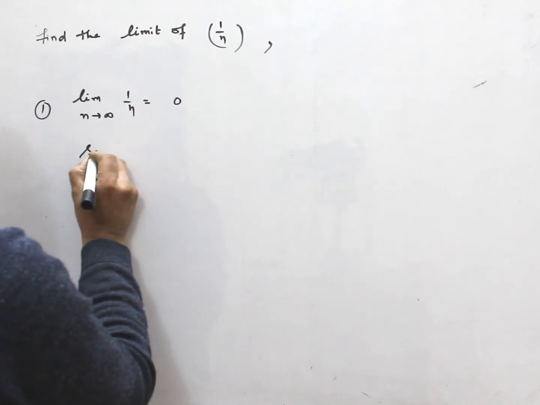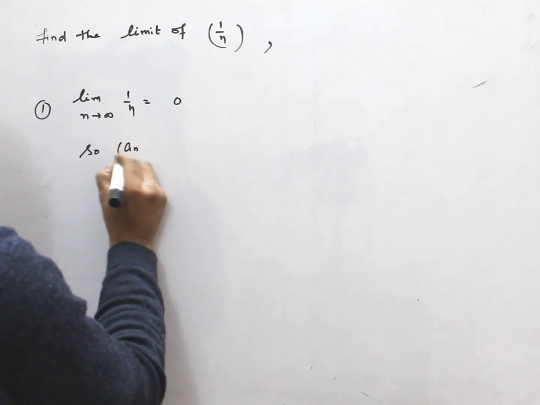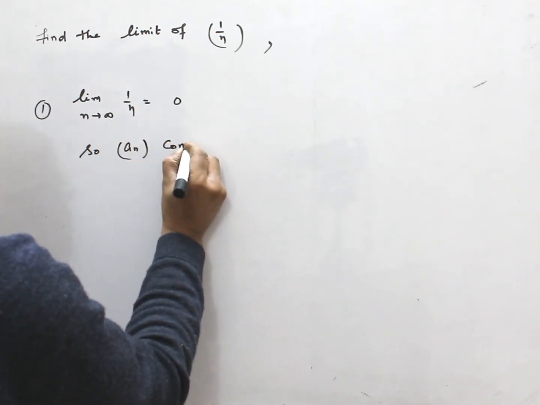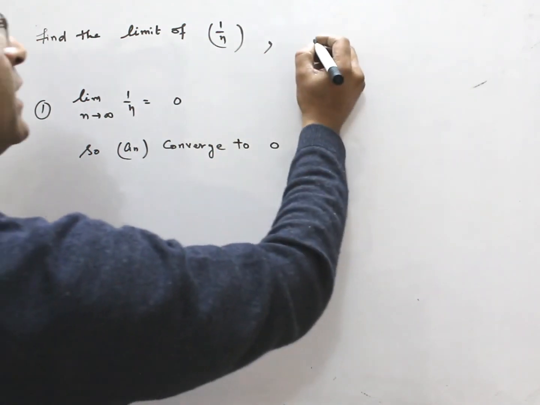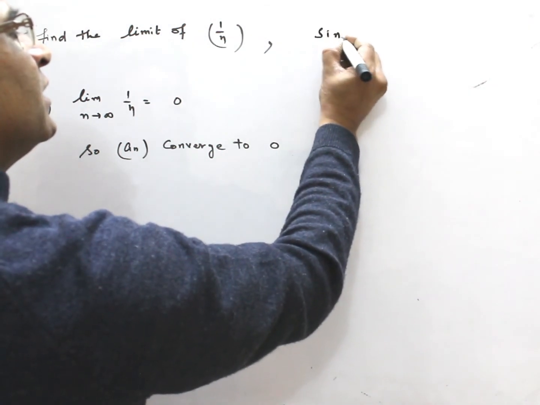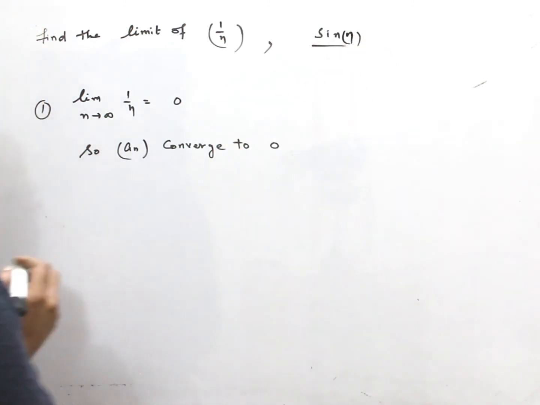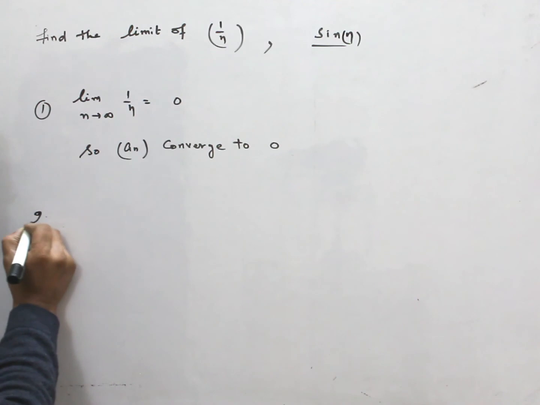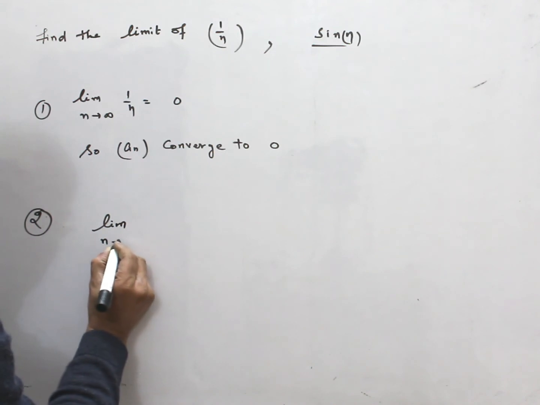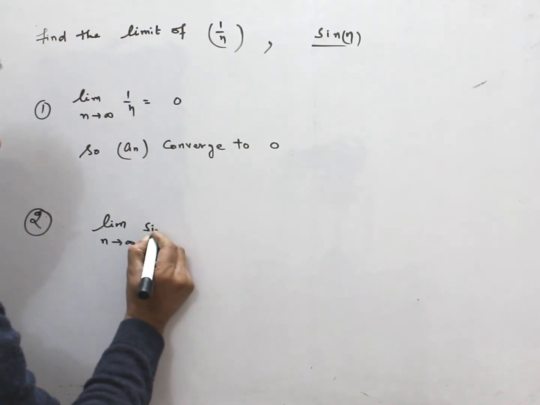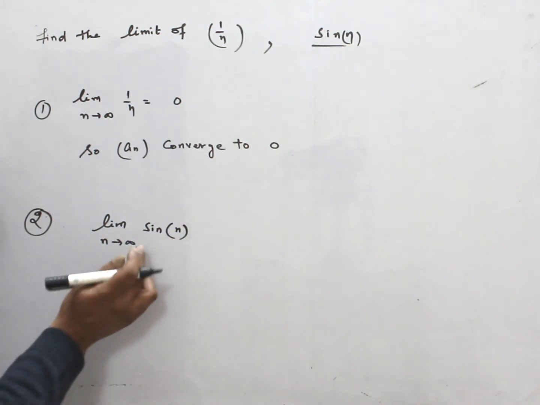So the sequence a_n converges to 0. Again, if I take sine n, then you see the second example, limit n approaches infinity of sine n. Now you see what happened.